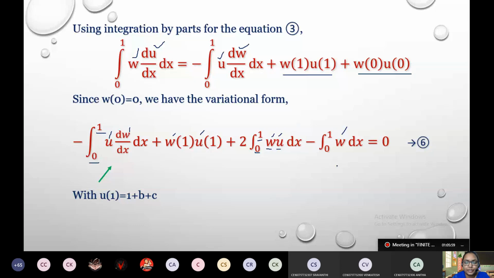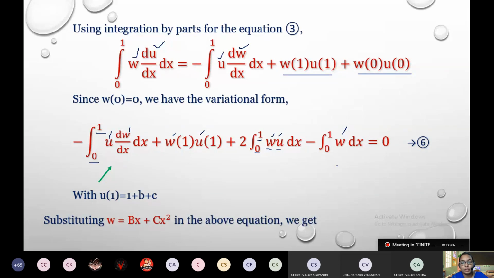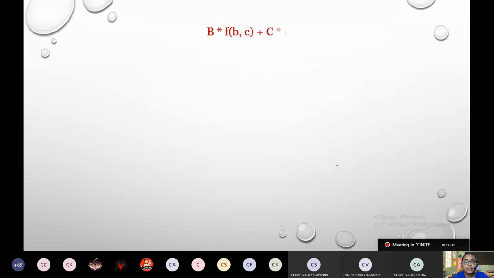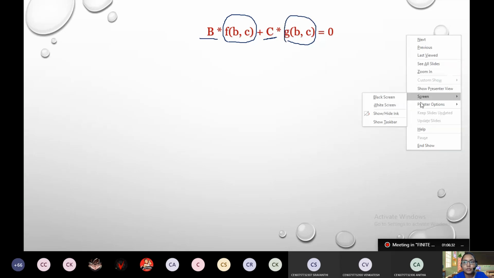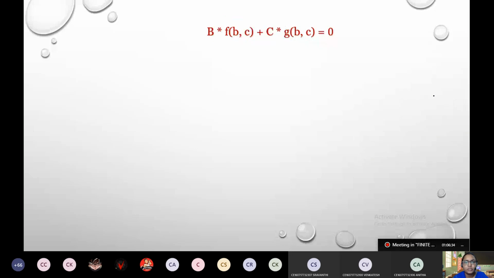Later you can try to reach the solution when you have time. Substituting the values of u of 1 and the W equation we have in the above equation, we will reach a bigger equation where the arbitrary constant will be taken as common. There you will have a function formed with variables b and c, arbitrary constant C into another function g, which will be in terms of b and c.